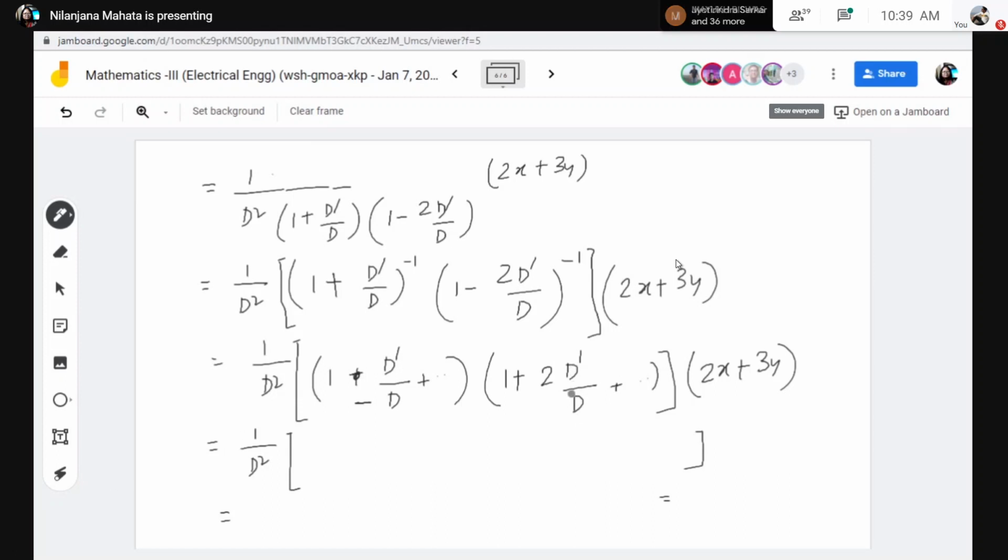For this type of term d dash by d, first you have to operate on this by differentiation with respect to y, then you have to integrate the term with respect to x.